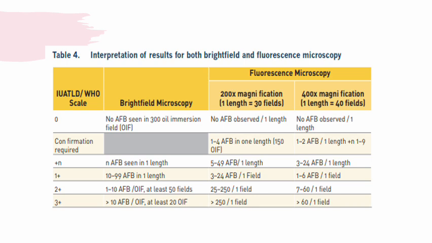Now, if you happen to count 1 to 10 AFB per oil immersion field in at least 50 fields, you report it as 2 plus. That is quite alarming already. There are many already. Okay? And then if you count more than 10 AFB per oil immersion field in at least 20 oil immersion fields, you report it as 3 plus. So that would be the interpretation and reporting of your AFB stain.